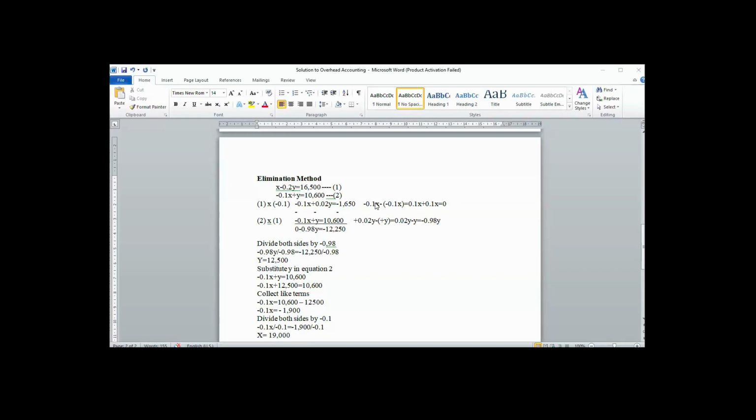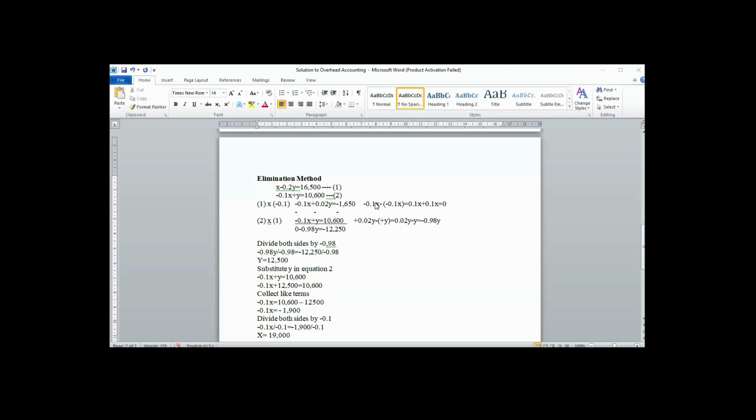If you use plus instead of minus, the plus will multiply the minus 0.1 x and you still get minus 0.1 x minus 0.1 x, but that won't be equal to 0.